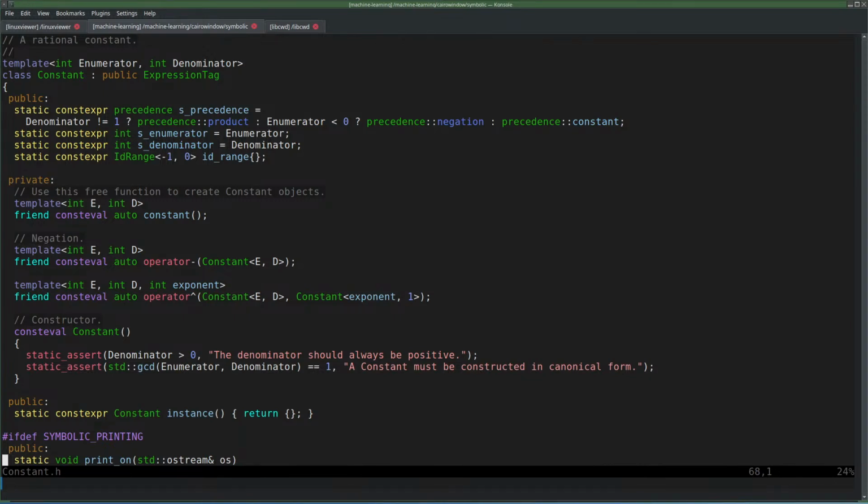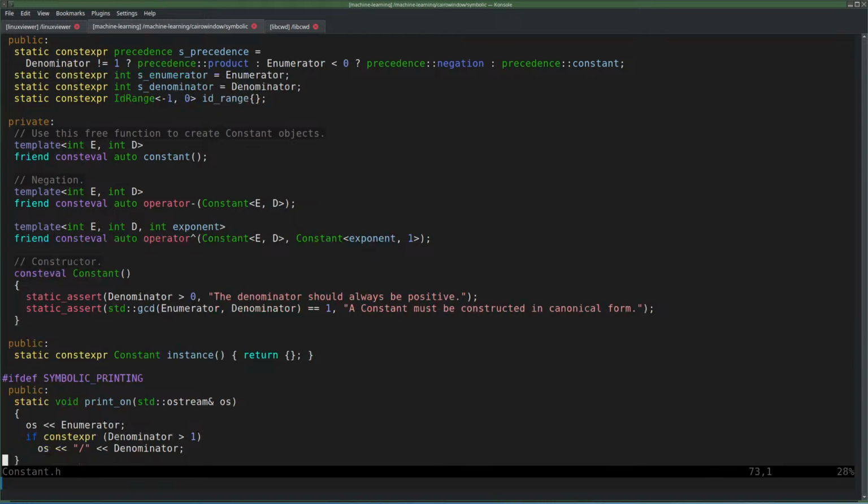Yeah, so constant does not have any members. The size of the constant is well 0, but sizeof is going to return 1, but there's nothing in it.